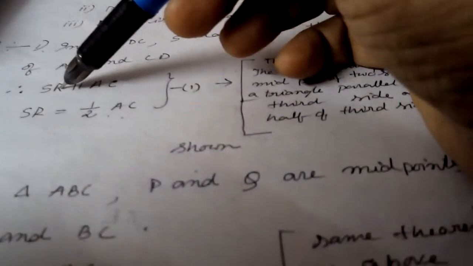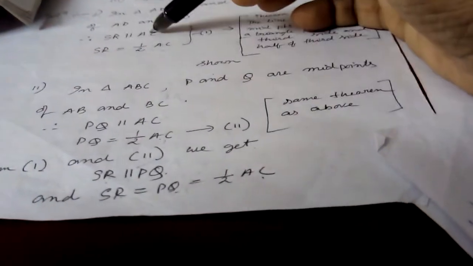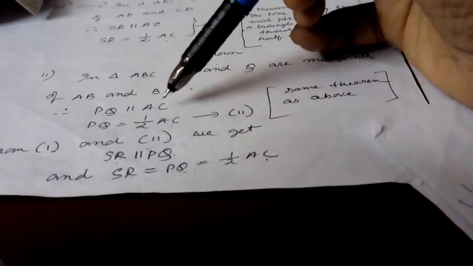From 1 and 2, SR is parallel to AC and SR is half of AC. Again PQ is parallel to AC and PQ is half of AC. So SR is parallel to PQ because SR is parallel to AC and PQ is parallel to AC.